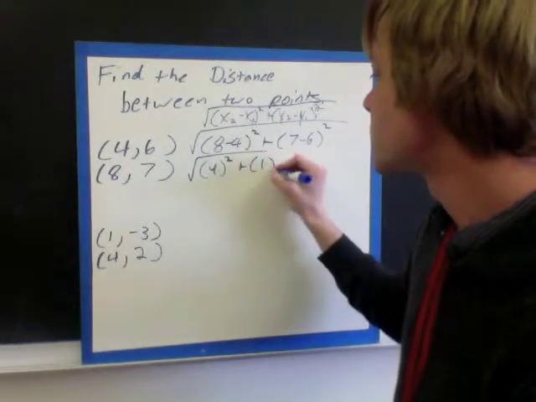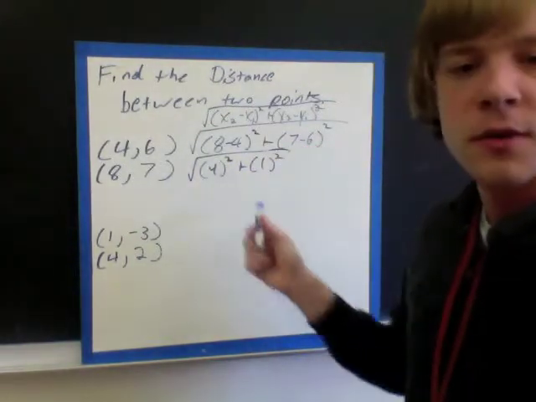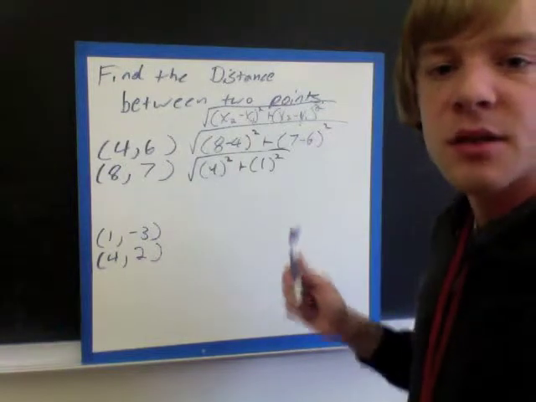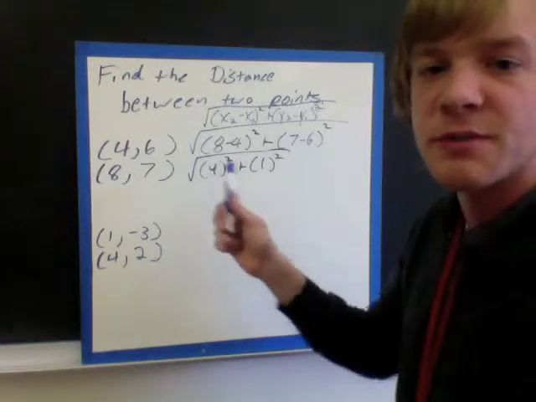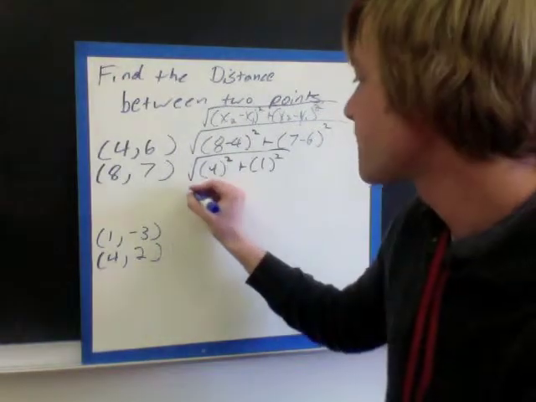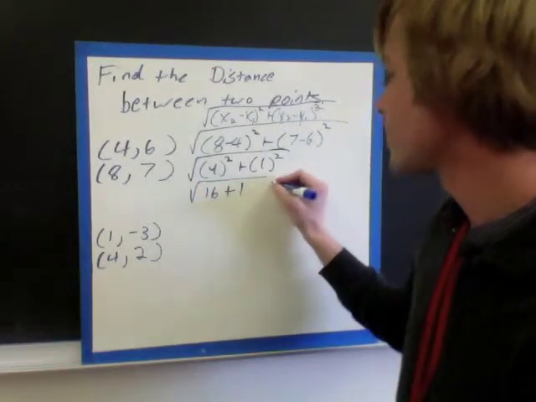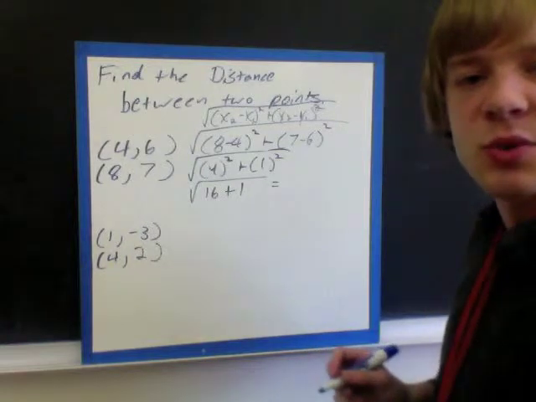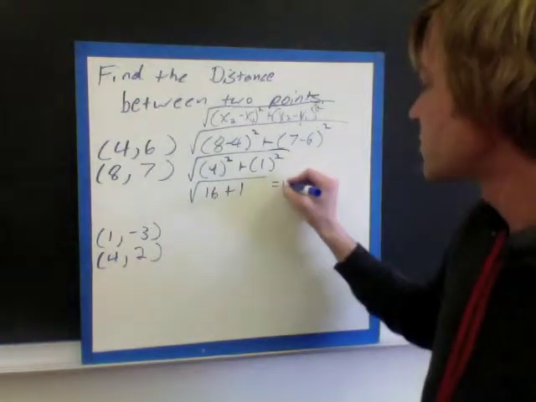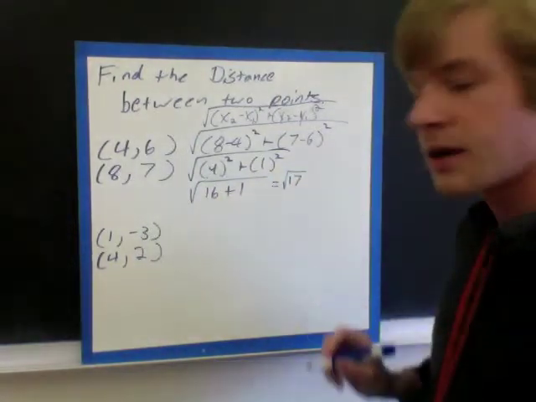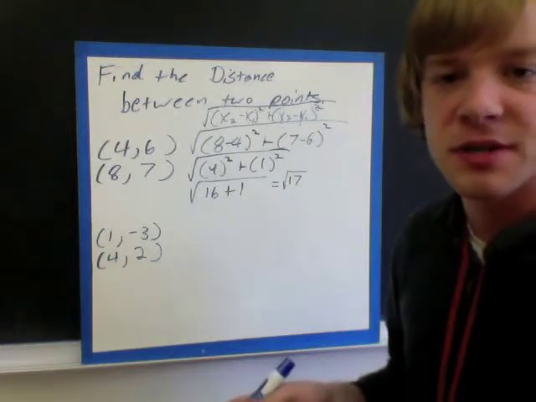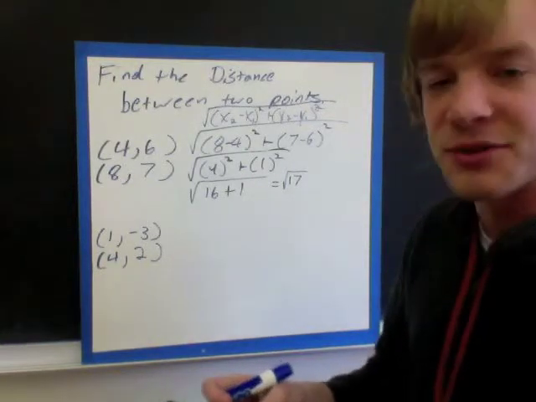4 squared is 16. 1 squared is 1, because that's 4 times 4 and 1 times 1. And if I add 16 plus 1, that gives me 17. And I'm going to need my calculator for this part, because I can't do this in my head, and I doubt you can either.